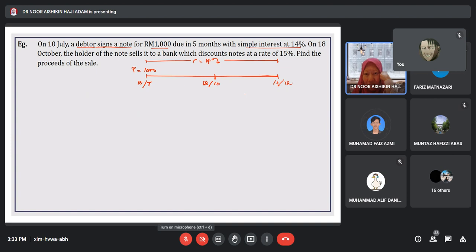What is the discount rate? 15%. So D equals to 15%. And it covers from the discount date until the maturity date. Find the proceeds of the sale. Duit yang holder tu patut dapat on the 18th of October. Proceeds.